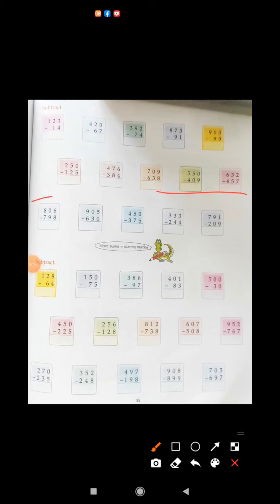Now come to this one. 806 minus 798. Subtract the ones. It is 6 is less than 8. Take borrow from 0. Here will be 16. Here 9. Here 7. 16 minus 8 is 8. Now subtract the tens. 9 minus 9 is 0. Now subtract the hundreds. 7 minus 7 is 0.